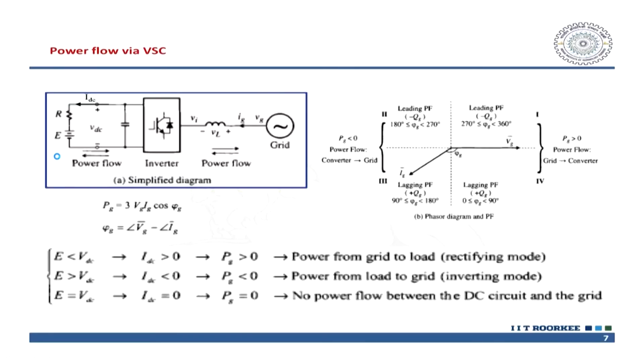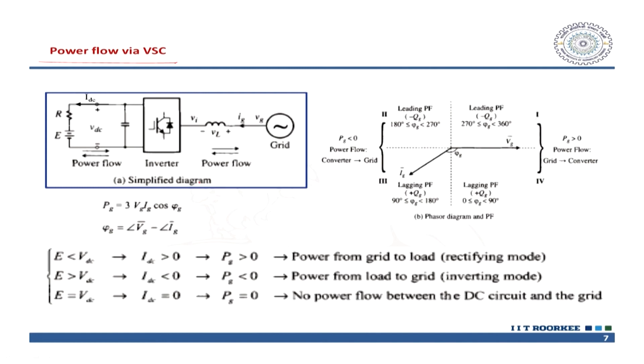Now, let us see. This is the case where power flows via the VSC, and if it is from the grid side to the inverter side, it is an active rectifier, and if it is reverse, it is the inverter operation.